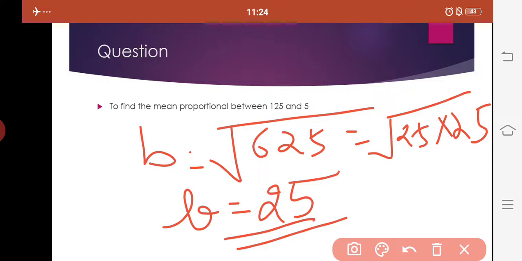Hence 25 is the mean proportional between 125 and 5.